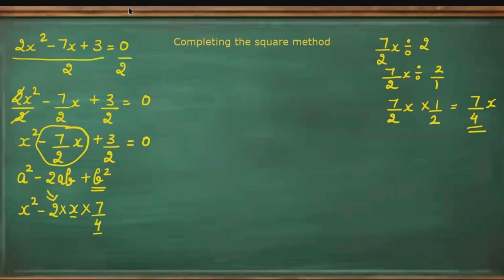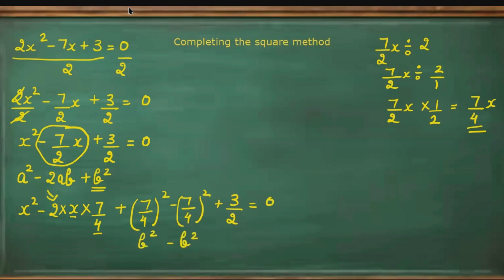Now, after that, we have to write down plus 7 by 4 whole square minus 7 by 4 whole square plus 3 by 2 is equal to 0. Now, why do we have to write b square minus b square here? So that it will cancel and again we will get the same original equation.